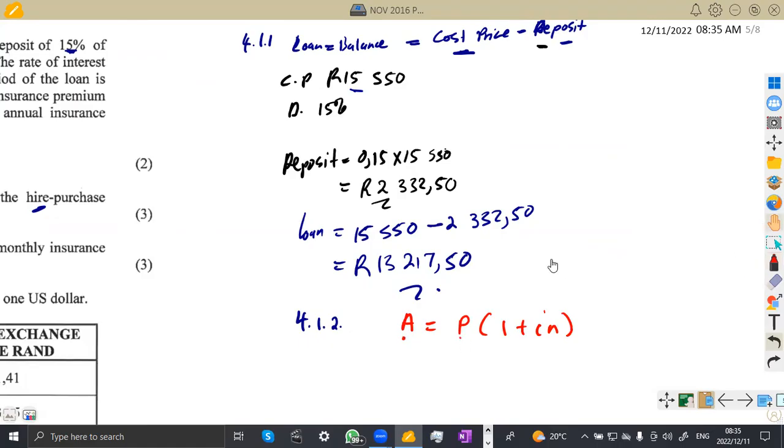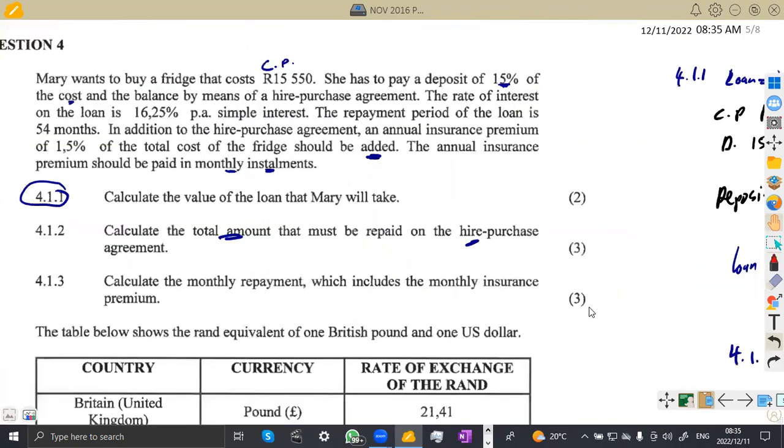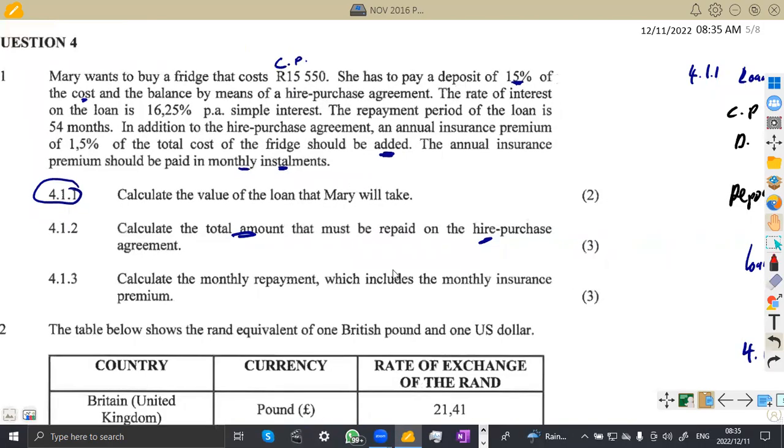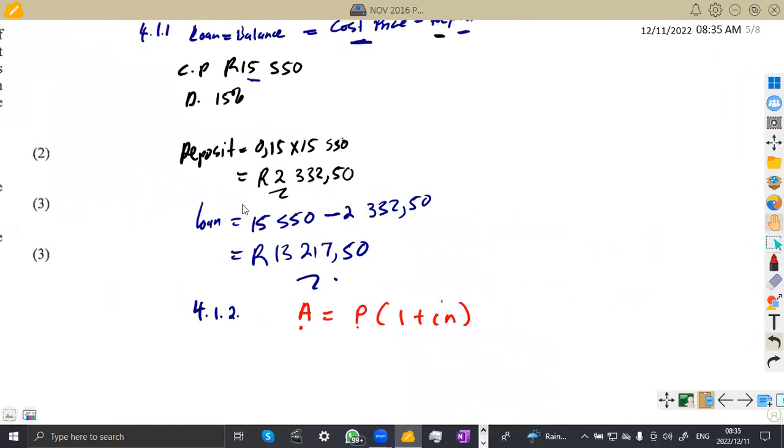Remember what we are given here: she is going to deposit 15% on the cost, and the balance by means of hire purchase. So the P is the balance that is paid on hire purchase.